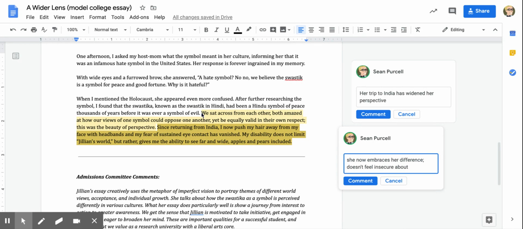Not overly self-confident, but she has come to accept who she is. Okay, and that's a really grown-up thing to be able to do. And so a committee is going to look at this and go, wow, this is a really thoughtful person. This is a person who can dig deep into themselves and be honest with themselves. And they're also probably going to be a good member of this community. Okay?